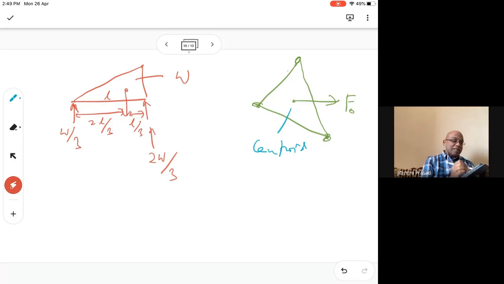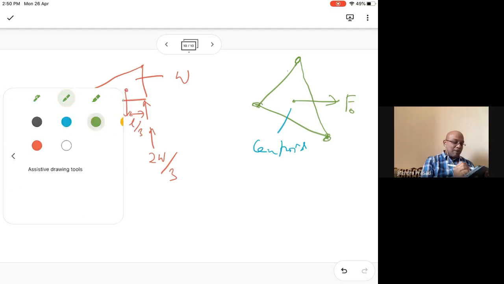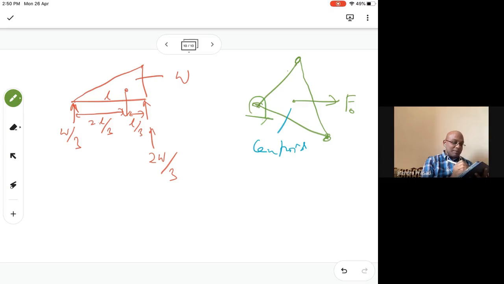So if there is a force acting at a centroid, how do you transfer it to the nodes? It's very easy. Let us say the full problem is something like this, and the only force given is this concentrated force applied at the centroid. Then how do we find the force vector in this case?